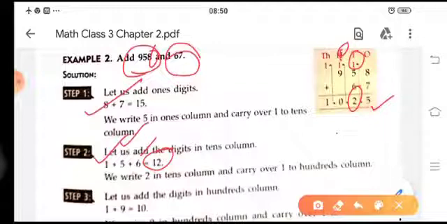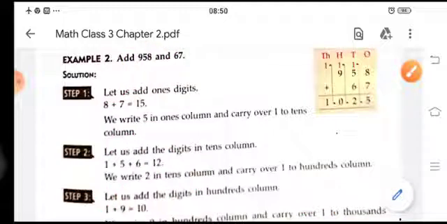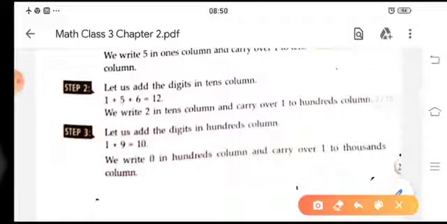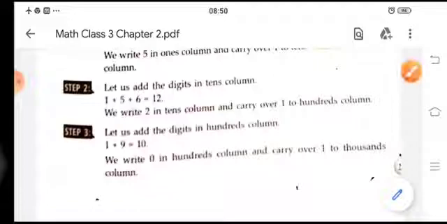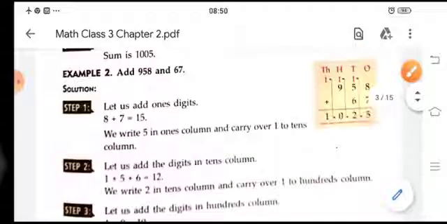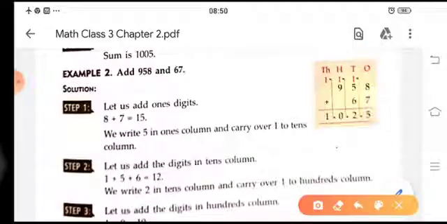Then again step 3, we'll add the numbers which are at hundreds place, 1 and 9. Okay, so 1 is a carry and 9 is a number, so it becomes 10. So we write here 0 and we'll take the carry over to thousands place. Then because at thousands place there is no number, only 1 is there, so we write here 1 as it is.